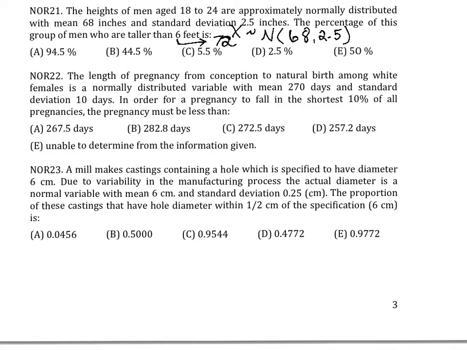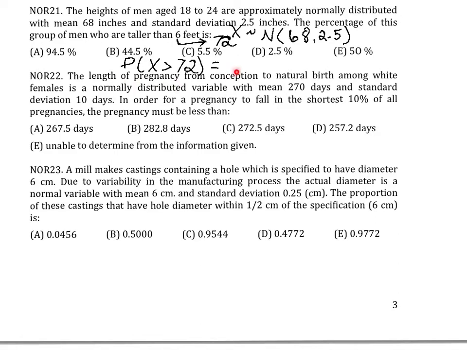That's the value that we want to calculate the probability of. The proportion of men whose heights are greater than 72 inches is, that's what we want to figure out.